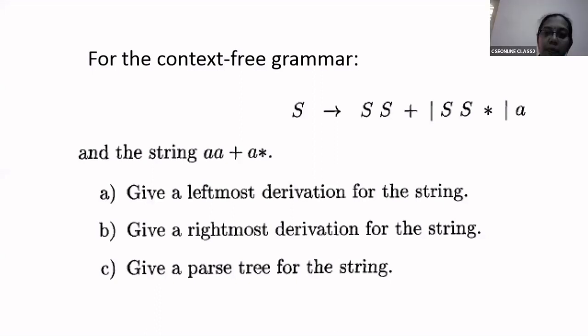Just take down the grammar and the input string. For this, you're supposed to give the LMD, RMD, and the parse tree.